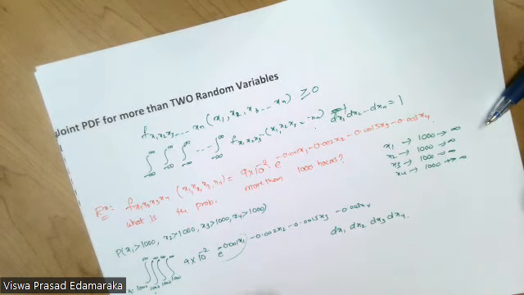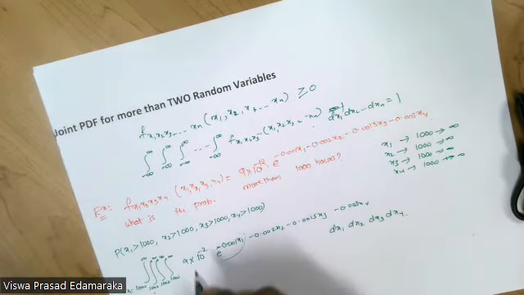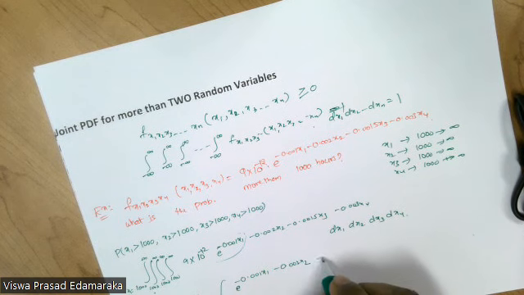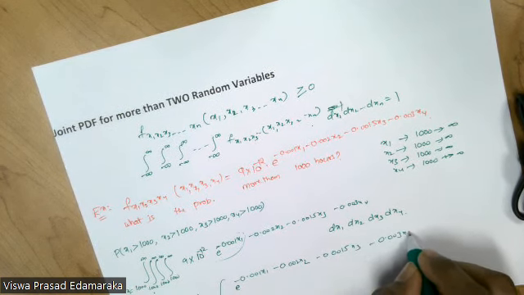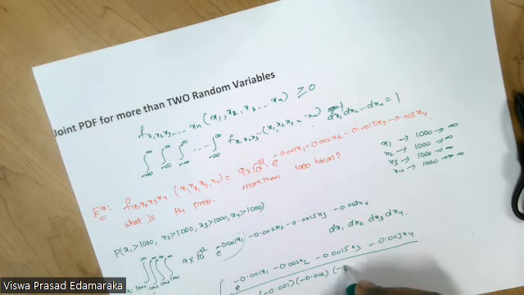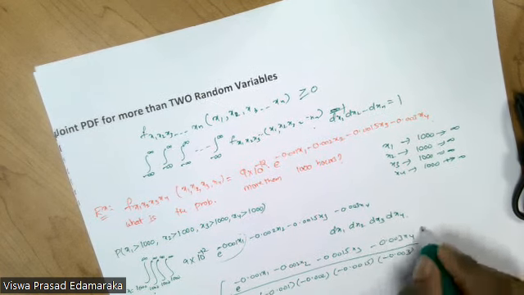So finally, 9 into 10 power of minus 12, sorry, e power of minus 0.001x1 minus 0.002x2 minus 0.0015x3 minus 0.003x4 whole divided by minus 0.001 minus 0.002 minus 0.0015 minus 0.003.